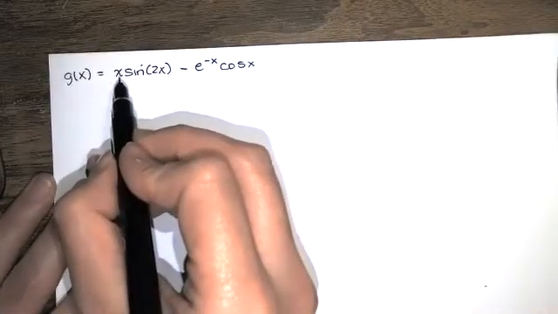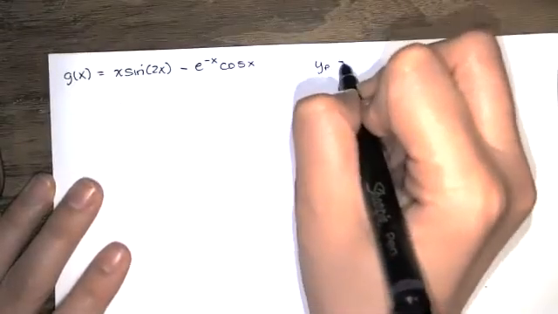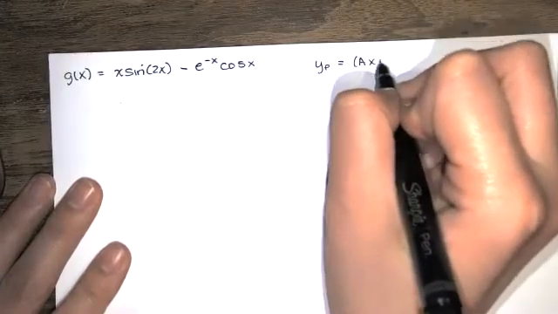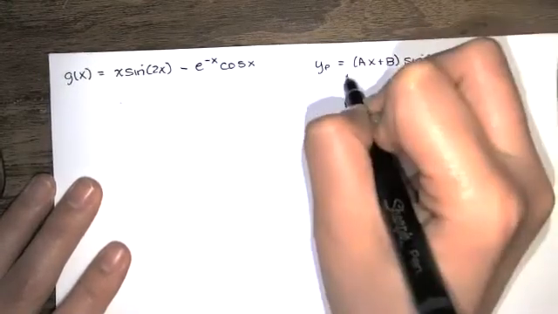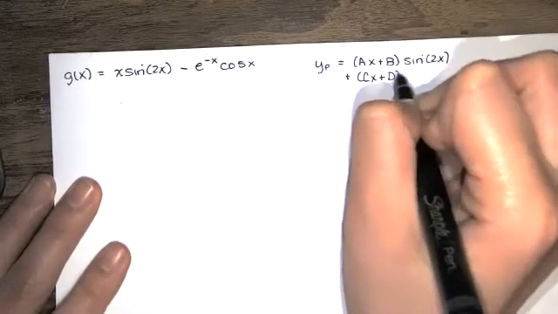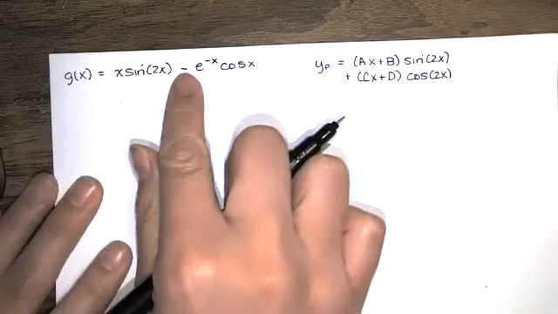Well, this is a linear expression multiplied by sine of 2x. So I would expect a linear expression times sine of 2x plus a linear expression times cosine of 2x. That would be my guess for this first term.